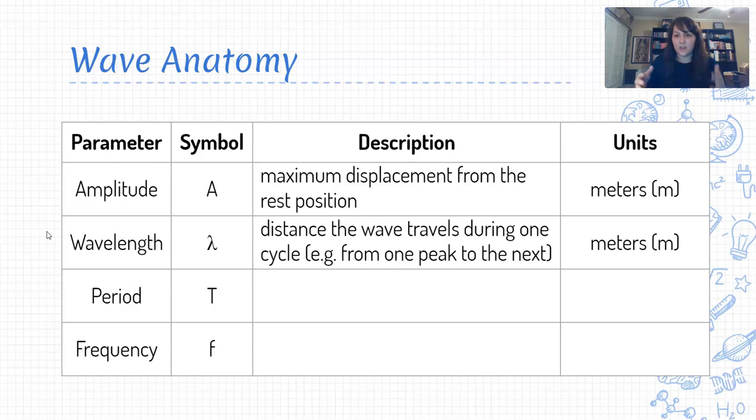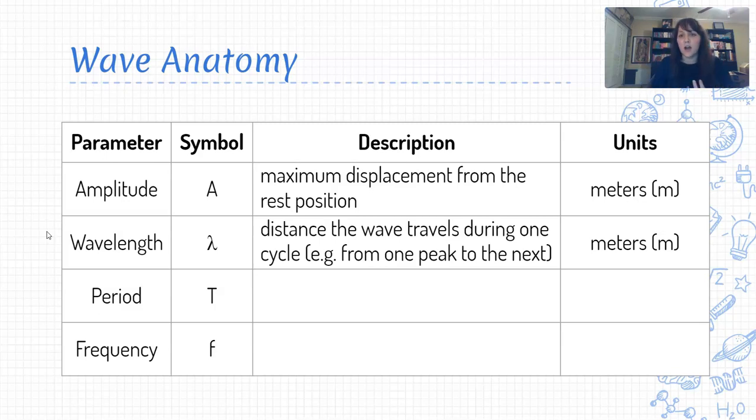An easier way for us to visualize that is to choose two adjacent points on the wave that are the same. So essentially two adjacent peaks or two adjacent troughs or two adjacent compressions, and just see how far apart those two are. And that tells us what the wavelength is. How far does the wave travel? How long is one complete cycle of that wave?